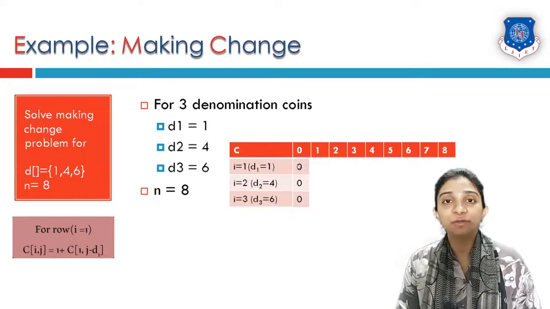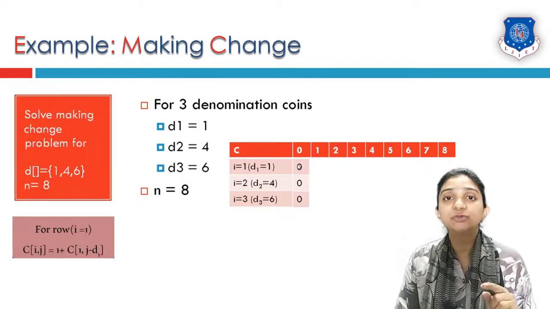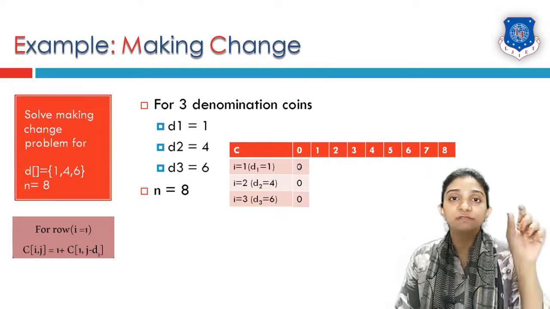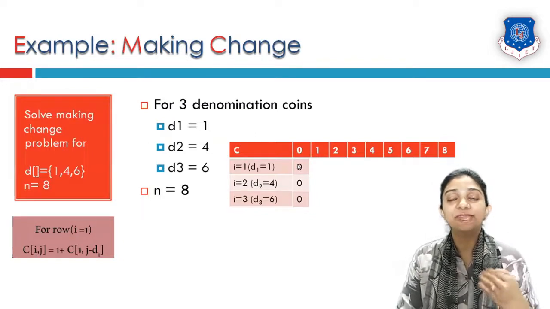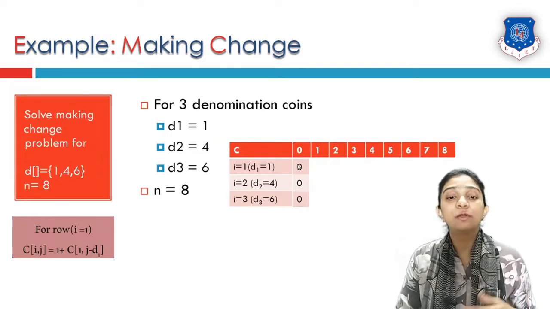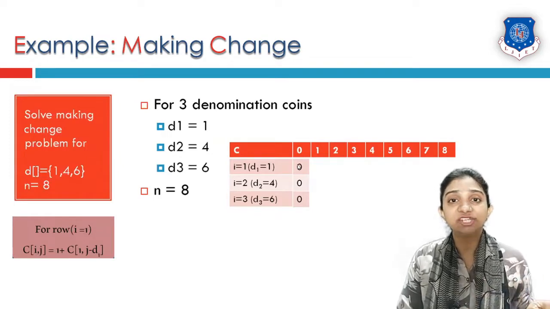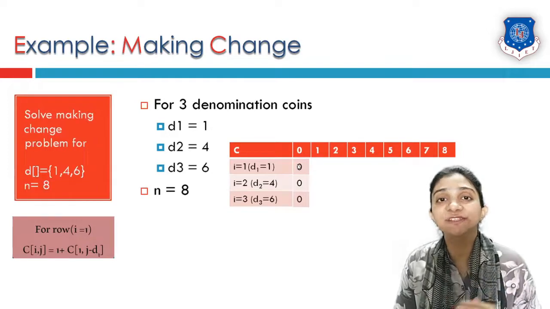Before we proceed, we have to set all rows in column 0 to value 0. So the first column of the table will become 0. Now we will take the first formula, which is specially for row 1. For row 1, C of i, j is equal to 1 plus C of 1, j minus di.